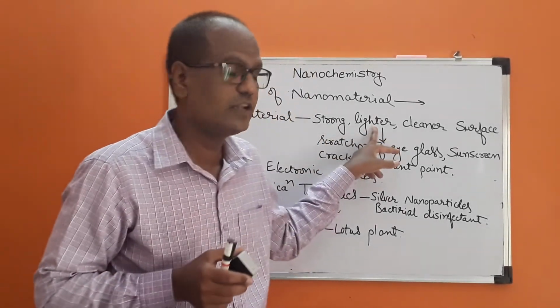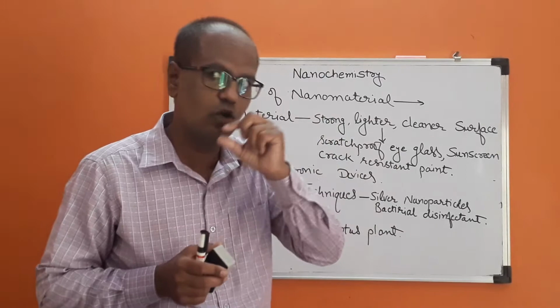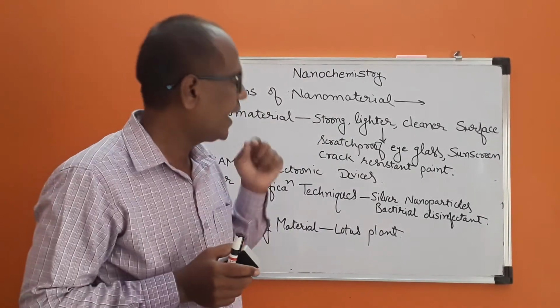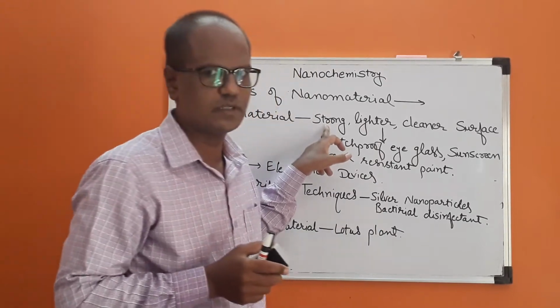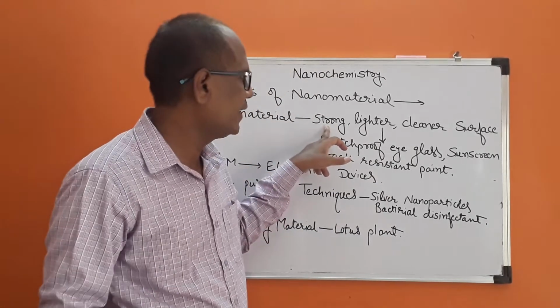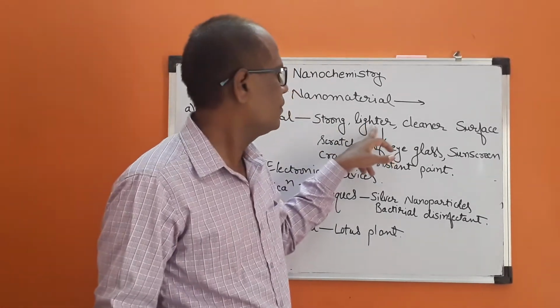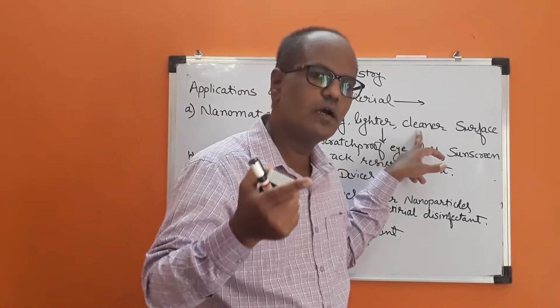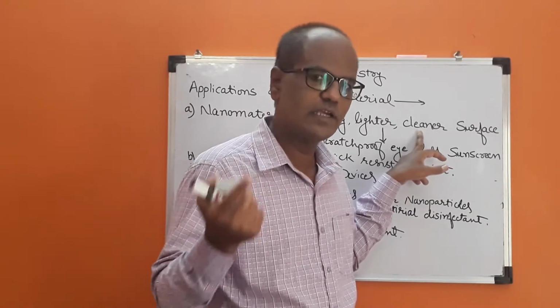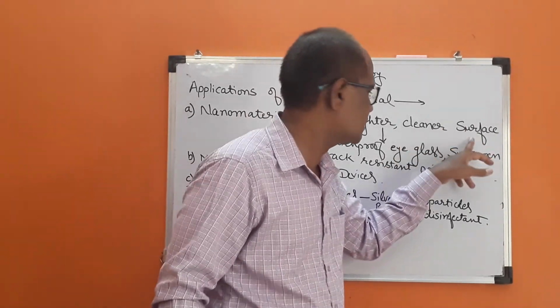The material is light in weight because we are using smaller particles. As we are using smaller particles, we can create a strong substance, a strong layer, lighter material, and a cleaning surface. The surface gets cleaned automatically by itself. That is known as a cleaner surface.